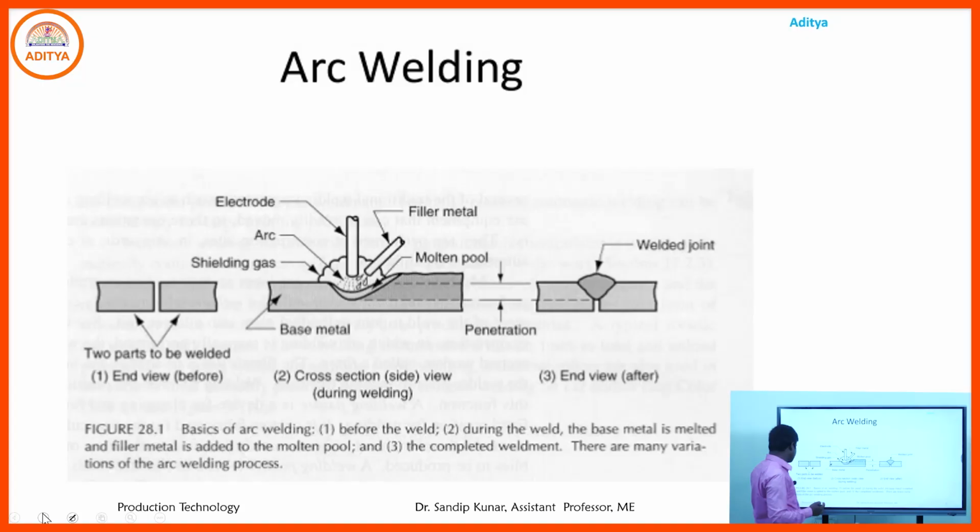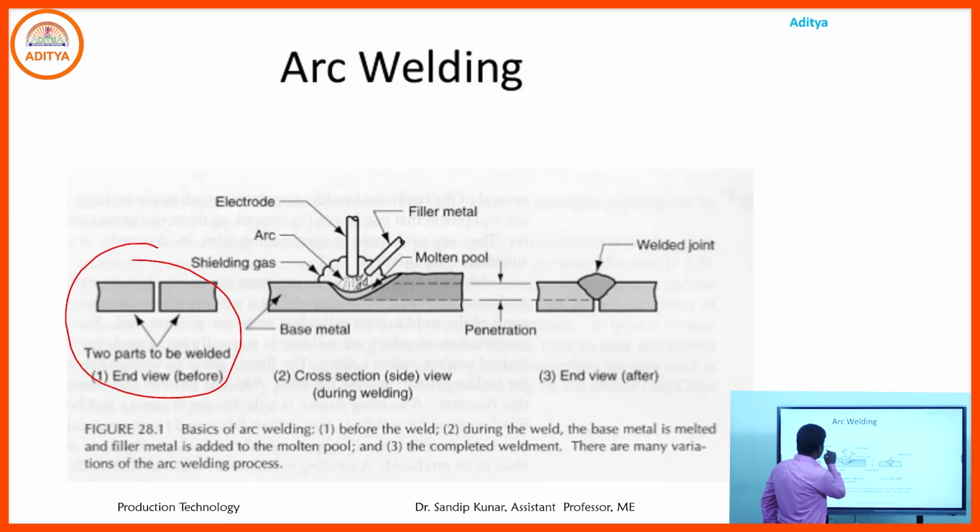In the case of arc welding, we take the two parts we want to melt. Here is the main electrode, and here we have used the filler material. Sometimes the filler material or electrode is coated with flux. That is the base metal, and due to melting of the flux material, a slag layer is created.